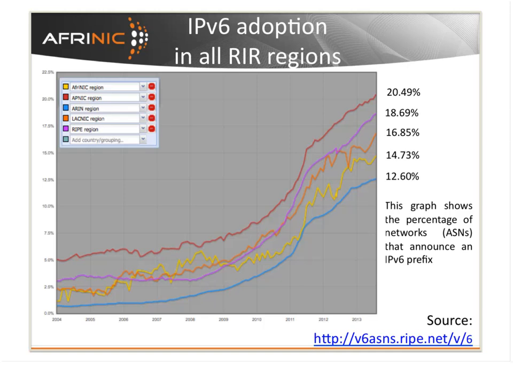After that would be LACNIC, 16.85%, then AFRINIC, 14.73%, and then ARIN at 12.6%. Again, these are percentages, so the absolute numbers are relevant. If you have more ASNs, then the percentages would be different. But this is in terms of how many ASNs per region are visible and how many of them are visible over IPv6.